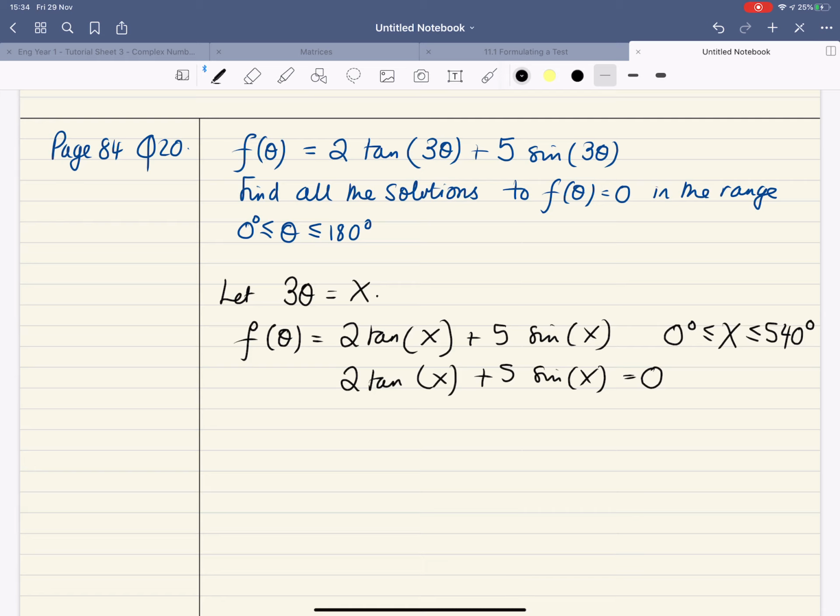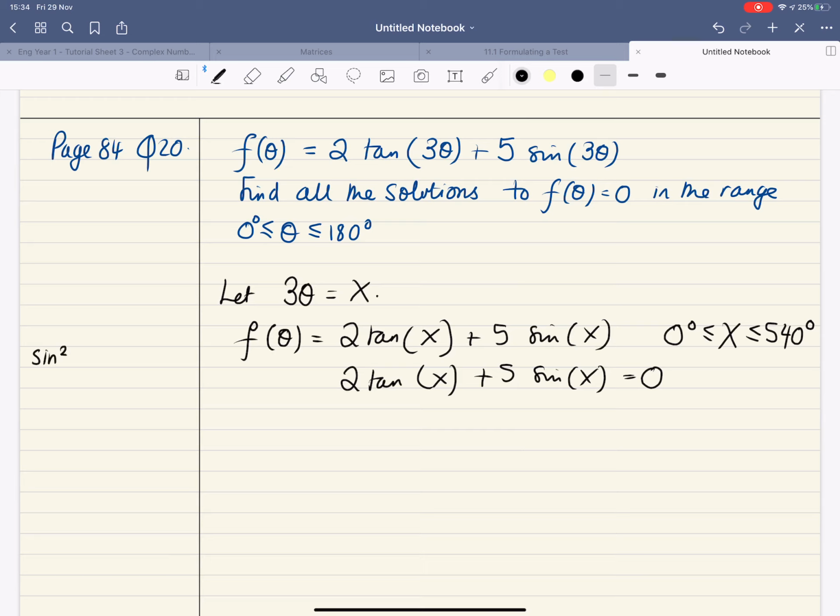Right, so the first thing to see here is, I'm going to turn tan x into sine x over cos x, because that was one of the two trigonometric identities that you need to learn at AS.